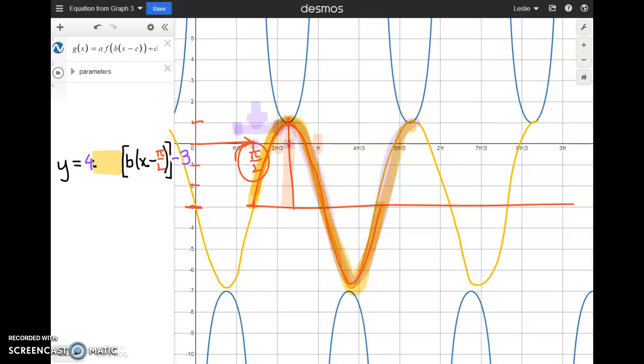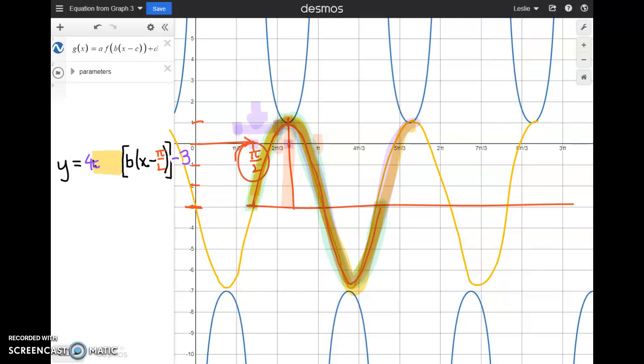Since I chose pi over 2 as my starting point, that means I'm using this graph right here as my base graph, the graph that everything's based on, all my values, all my shifts, my amplitude, everything. And that's a sine graph. And that means that my blue graph, which is the one I'm actually looking for the equation for, is a cosecant graph. Oh, this pen. Cosecant.